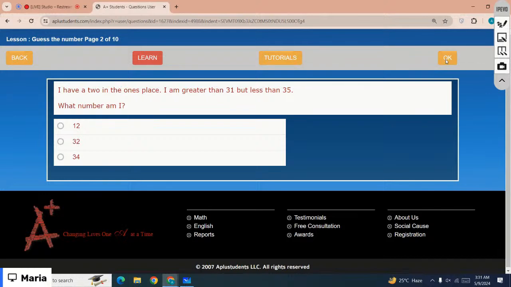I'm a two digit number. Sorry, I have a 2 in the ones place. I'm greater than 31 but less than 35.